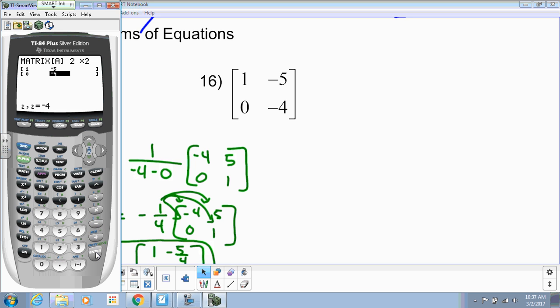Okay. Now you need to edit your matrices. So second matrix. Go over to edit. 2 by 2.